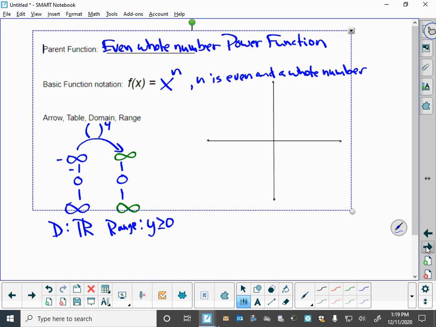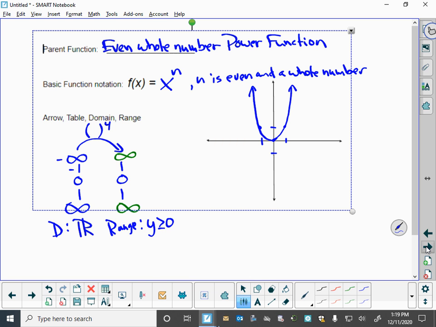So let's put some points down. We've got these points at -1, 1, 0, 0, and 1, 1. These are the same places that these fell in for our parabola.